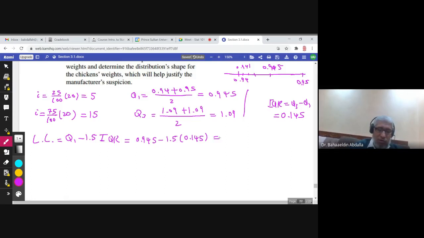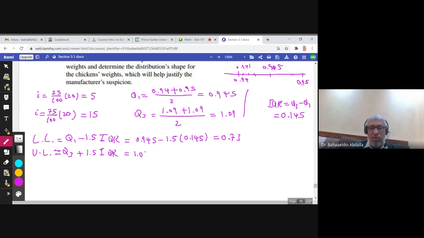So 0.945 minus 1.5 times 0.145, you have 0.73, so that's the lower limit. For the upper limit, you add the same amount to Q3, so it's Q3 plus 1.5 IQR.